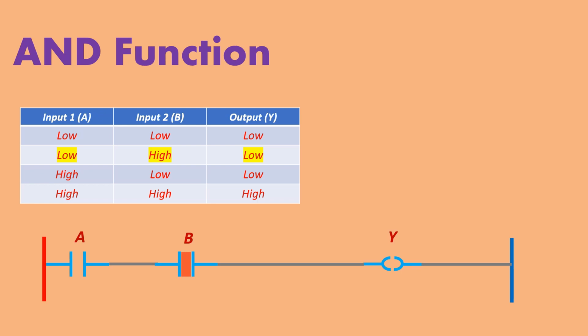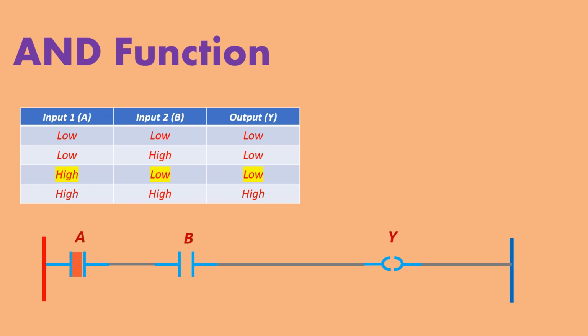Therefore, it will remain open. Input B is energized. So contact B is closed and is ready to allow the current to pass through it. But since input A is connected in series with input B, effectively the circuit is open. No current will pass through and the coil will remain inactive.